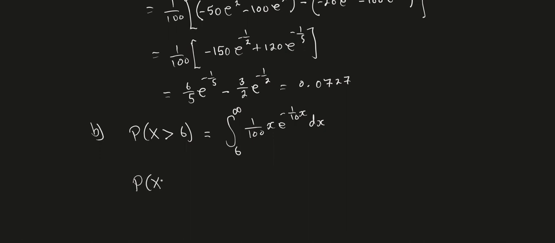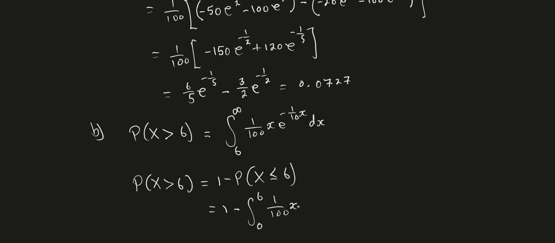The probability that x is greater than 6 is 1 minus the probability that x is less than or equal to 6. But the lower limit on a gamma random variable is always 0. It's not like the negative infinity in the normal distribution, where you'd always have to start from negative infinity and integrate up to a particular point. No, in this case, we would end up having 1 minus the integral from 0 to 6, and it's no longer an improper integral.